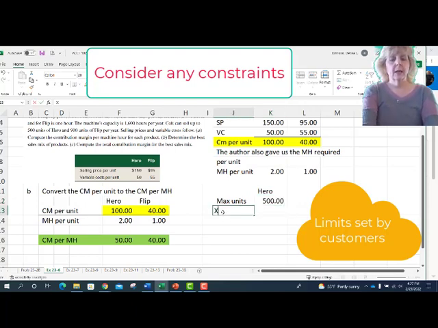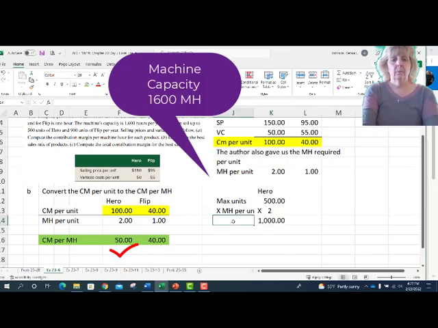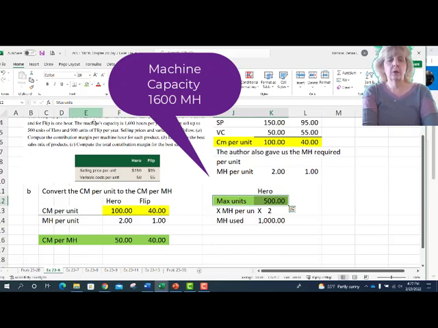And if each one takes 2 hours of machine time or machine hours per unit, that means if we focus on the most profitable one, we would use up 1,000 machine hours. Okay, so what's our sales mix? We know that for Hero, it's 500 units. How do we know that? That's the maximum units that our customers would buy from us.